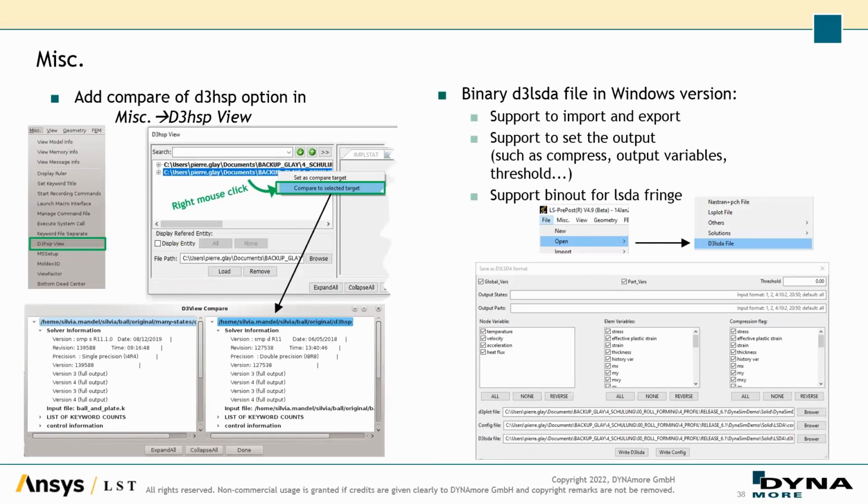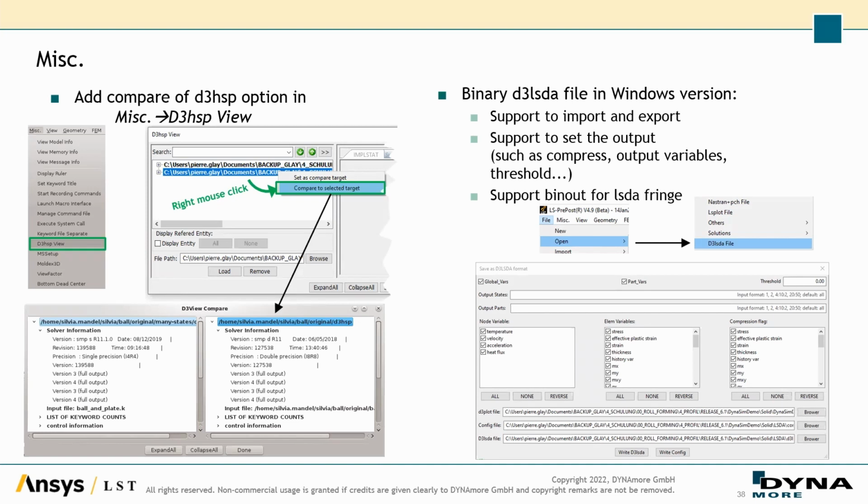Then in the MISC menu, there is a D3HSP view interface. The D3HSP file is like the main log file of LS-DYNA output. In LS-PrePost, you can load this D3HSP file and see all important information in a structured way.